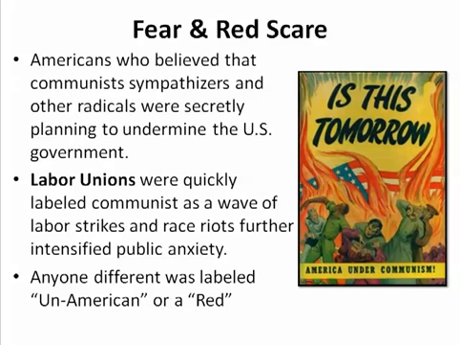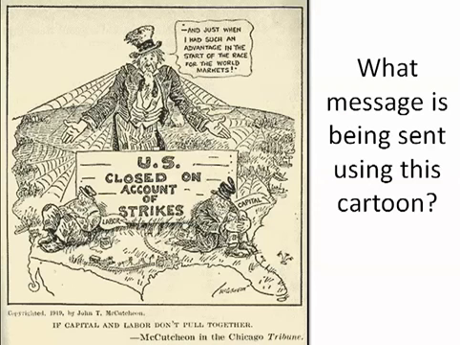And people who are not American, people who come from Southern and Eastern Europe, Italians, those types of people, are going to be called un-American or red, referring to the color of the communists, or commies. They're going to be called commies. And workers' unions and strikes are going to be cast out as being communist.